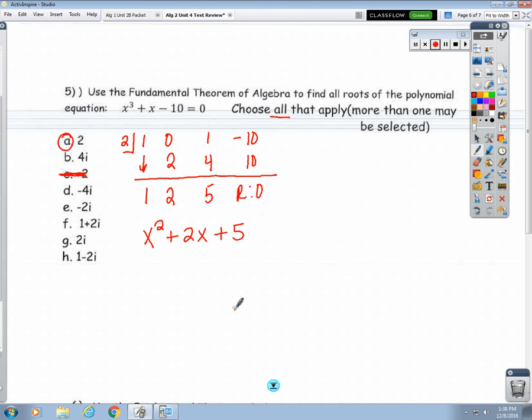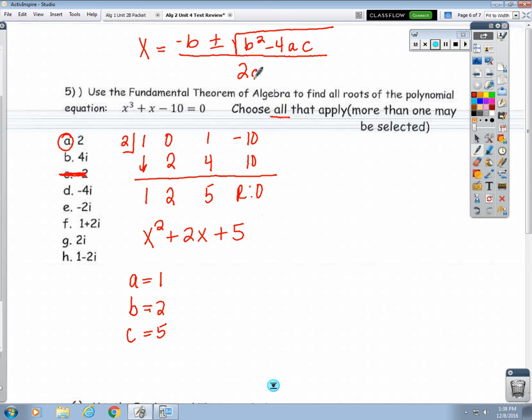And what can we now do with that trinomial? Right. Identify the A, B, and C, which would be 1, 2, and 5, correct, and then we're going to plug it in the quadratic formula. Okay, so x equals, you tell me what to write.